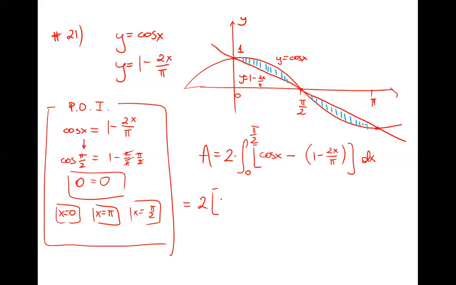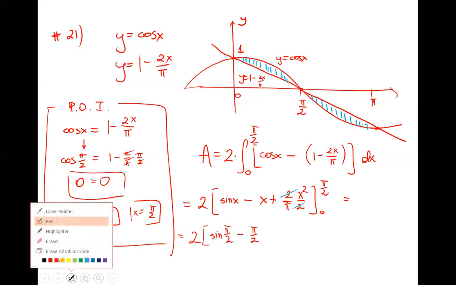The integral of cosine of x is sine of x, minus the integral of 1 is x. And then negative and negative will give me positive. I can put 2 over pi, that's the constant, and the integral of x is x squared over 2, from 0 to pi over 2. Okay, let's try. This will be the upper limit: sine at pi over 2 is 1, pi over 2. And of course, 0 is gone.